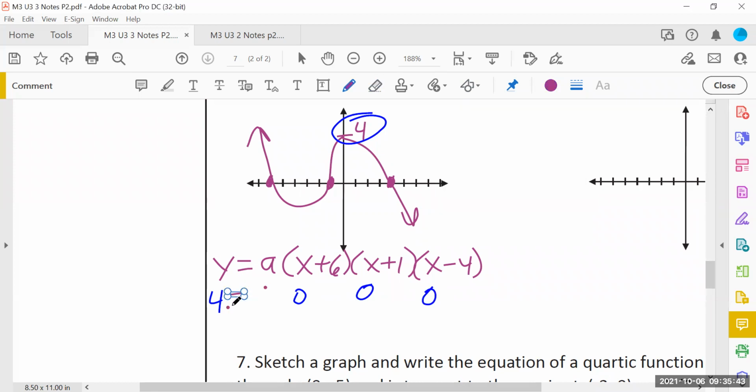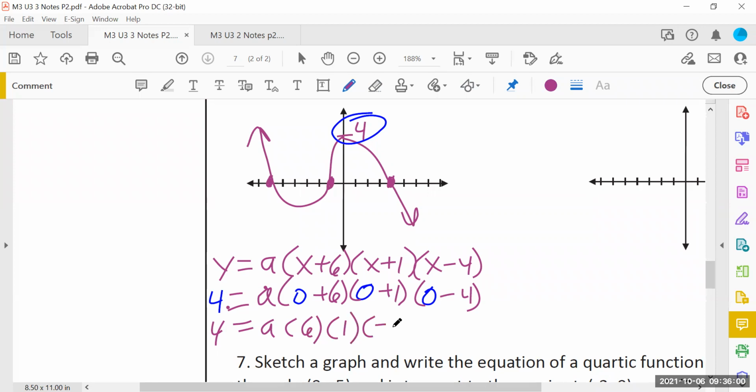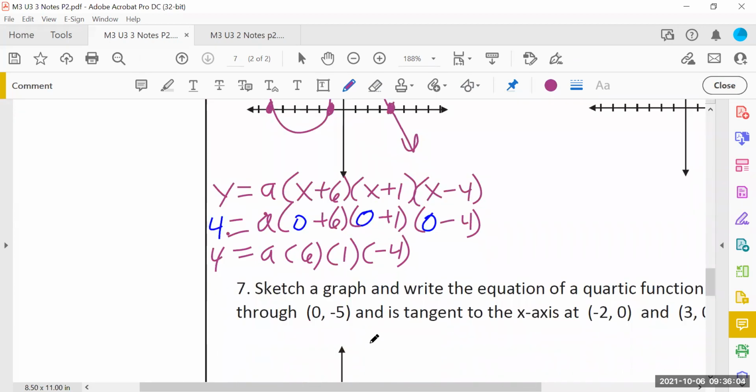4 equals a times 0 plus 6 times 0 plus 1 times 0 minus 4. 4 equals a times 6 times 1 times -4. 6 times 1 times -4, multiply it all the way out, we get -24.